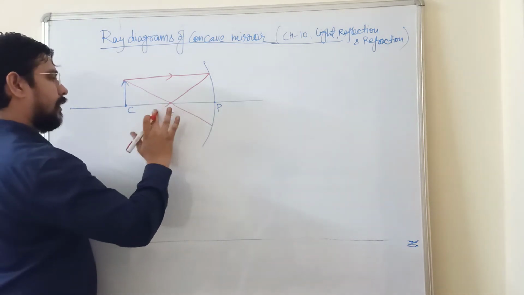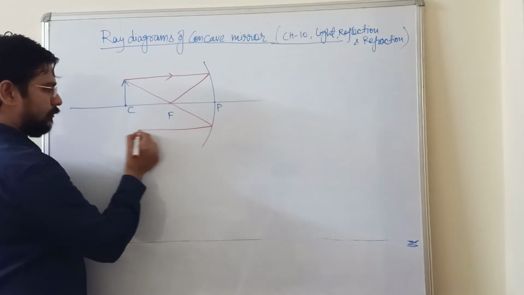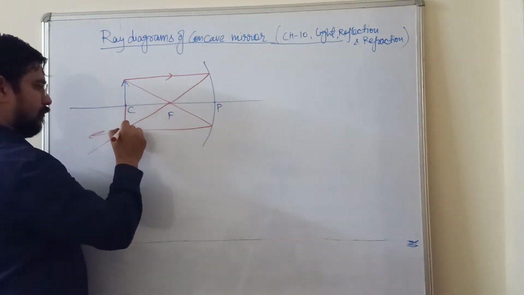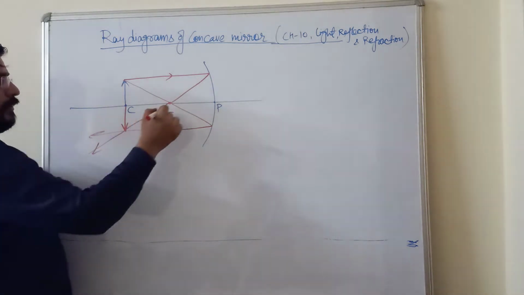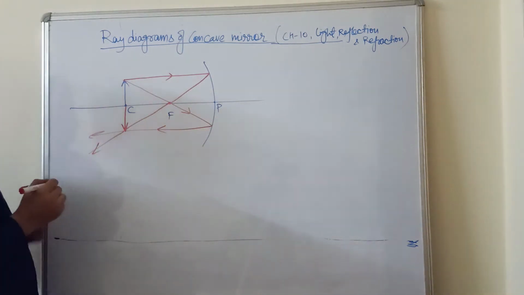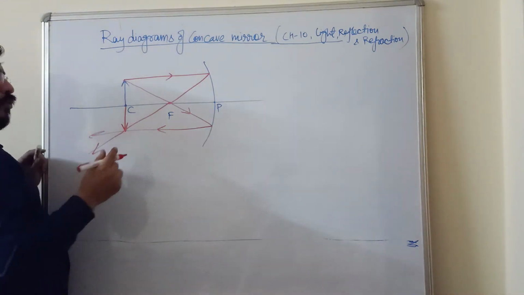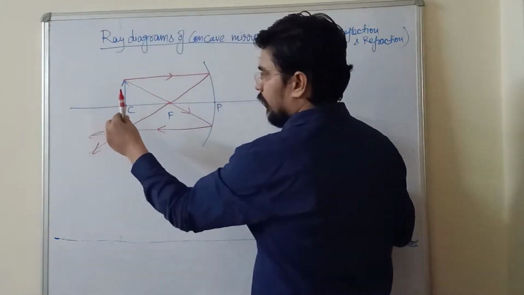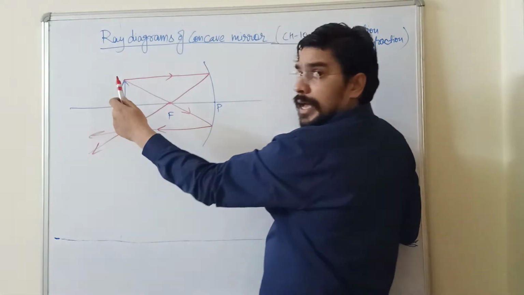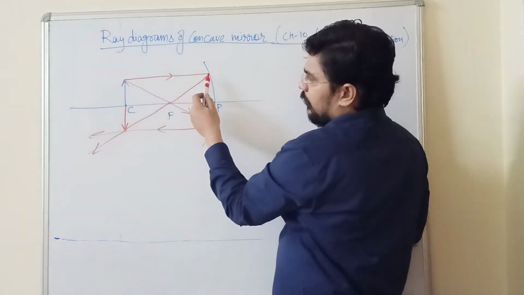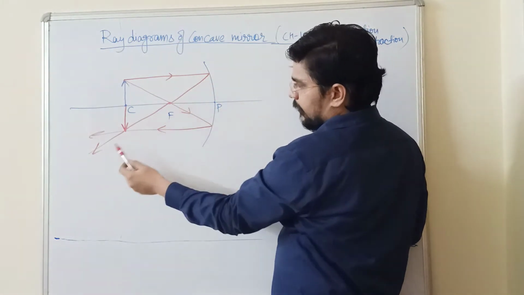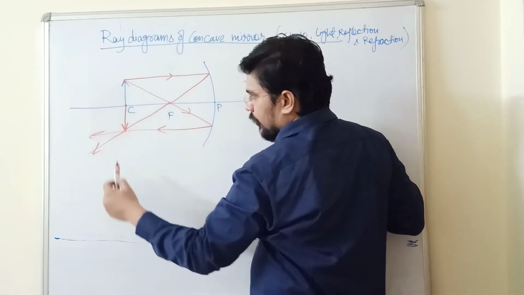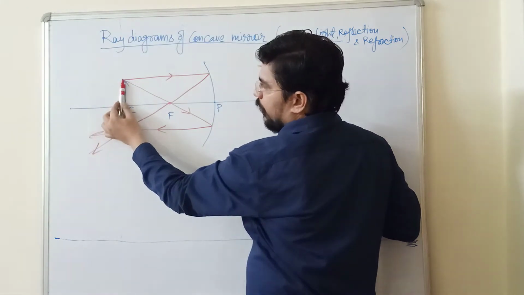So here the diagram is a little tricky. There is a point to note in this diagram: when you are having your object at center of curvature, after having your first ray of light parallel to the principal axis, you cannot apply the rule of ray of light passing through center of curvature because the object itself is at center of curvature.